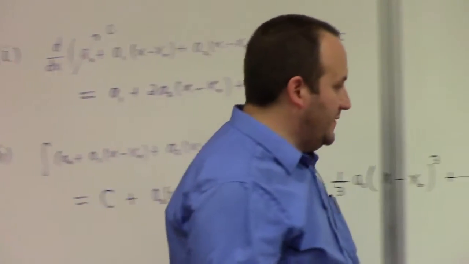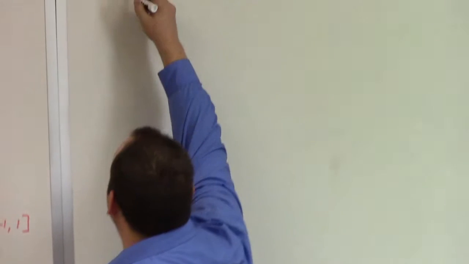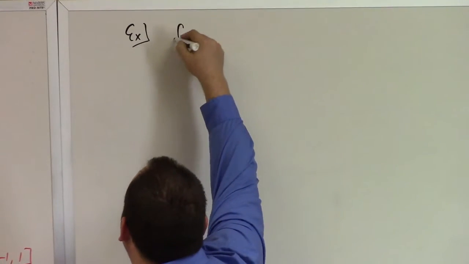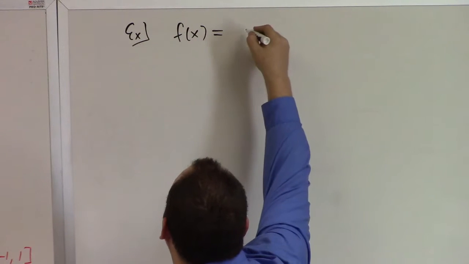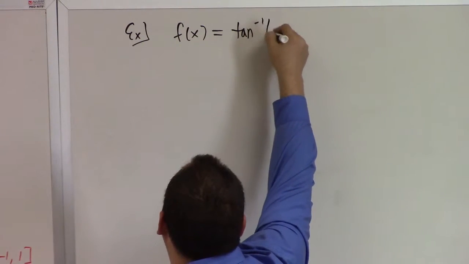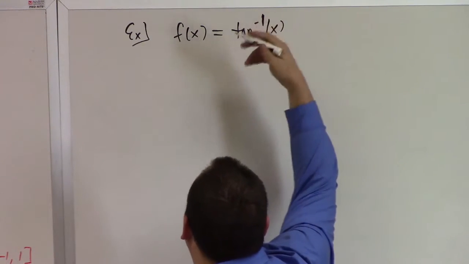So this is an example of a geometric series trick. Another example of the same sort would be f of x equal to inverse tangent. I'll go through this one a little bit faster.